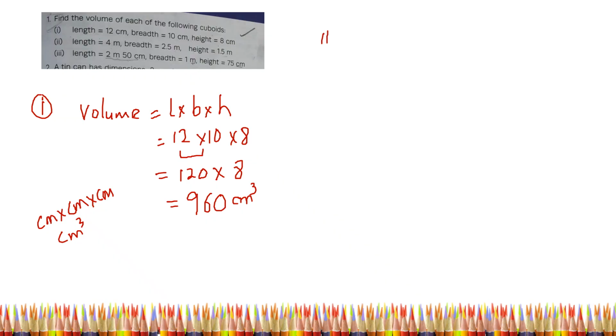So now for the second one, again we have to find the same thing, that is the volume for the cuboid. In this case, L multiplied by B multiplied by H is given in decimals. So it is 4 multiplied by 2.5 multiplied by 1.5.